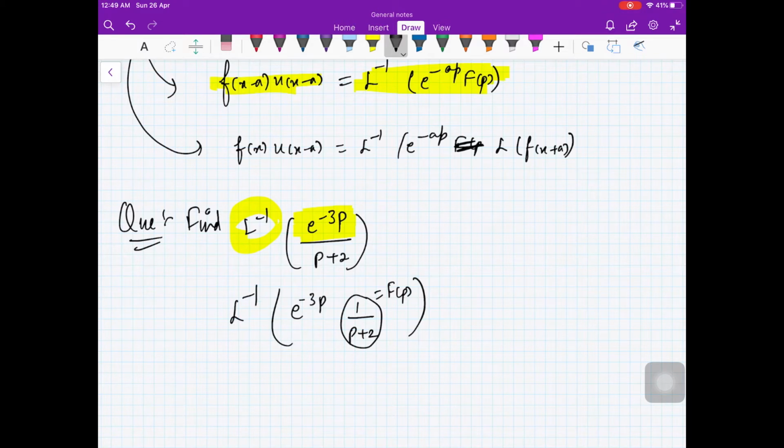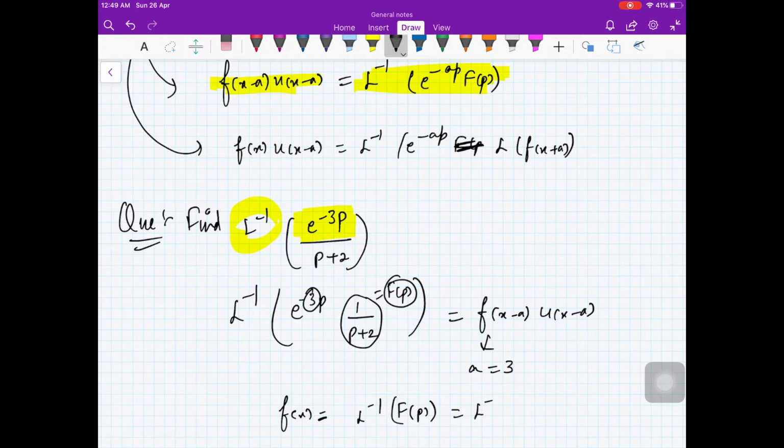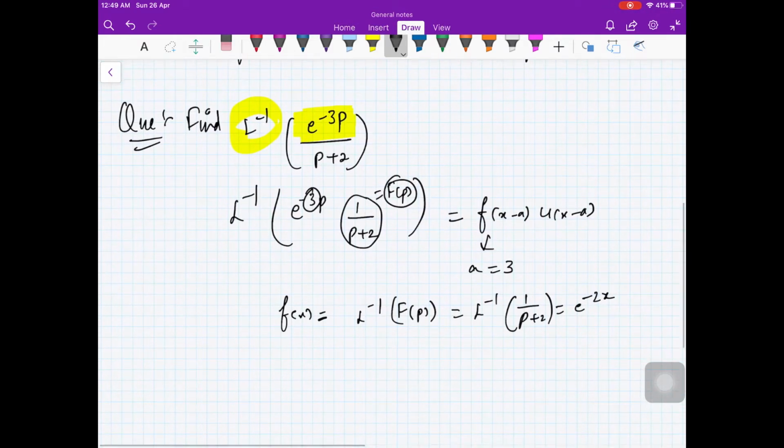So this will be your F of p, and a here is 3. f of x is L inverse of F of p, that is L inverse of 1 upon p plus 2, which is e raised to minus 2x.